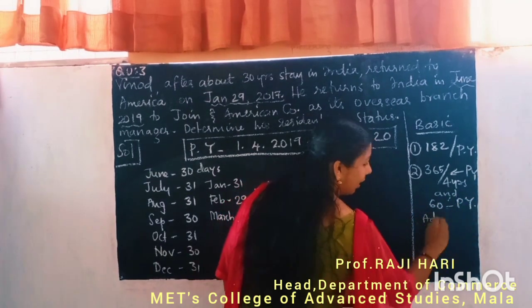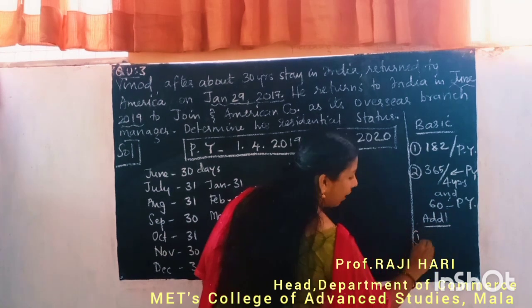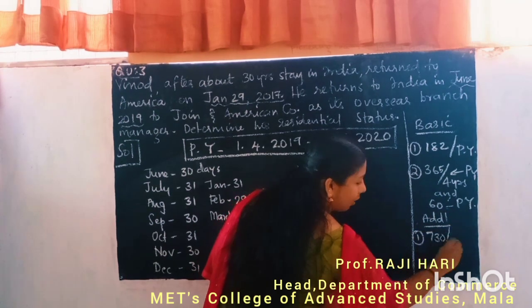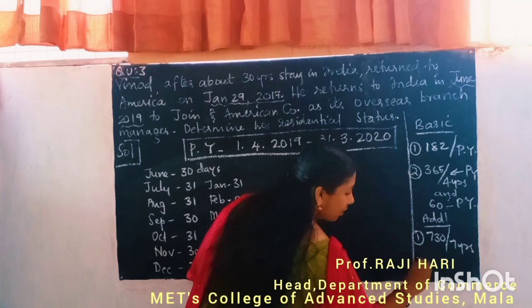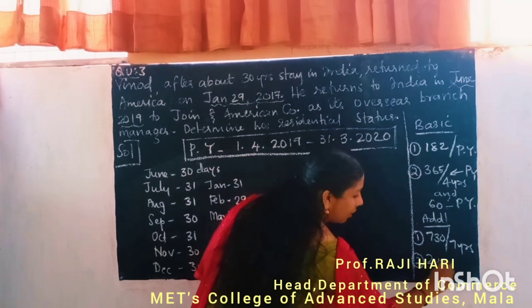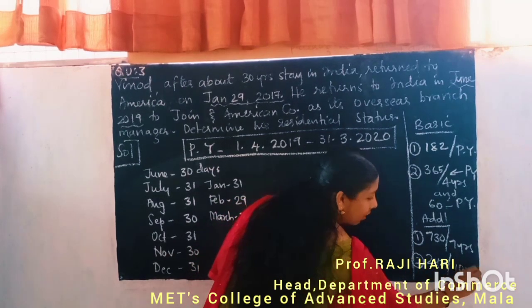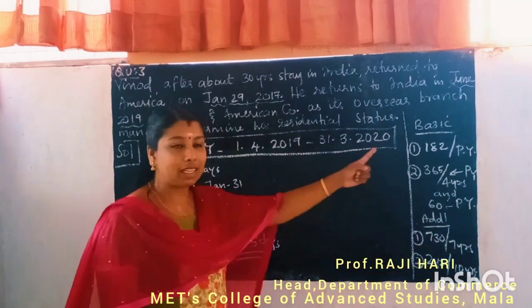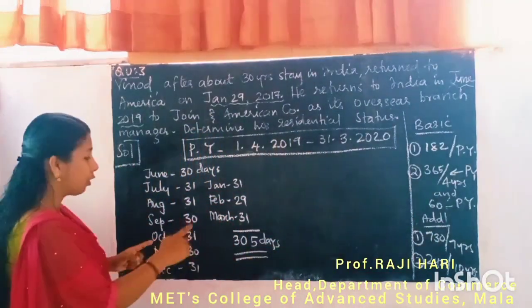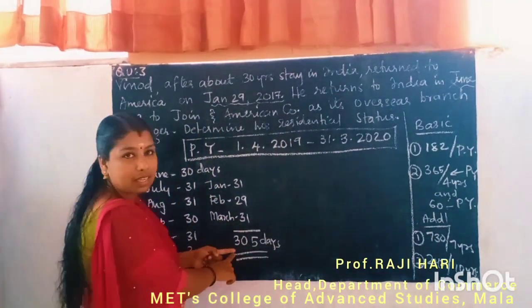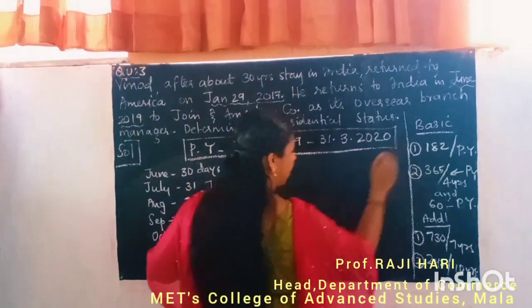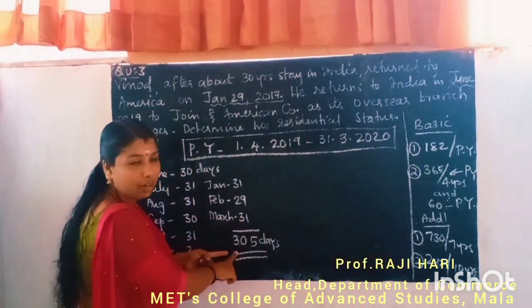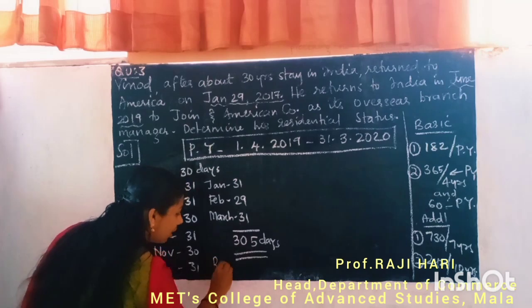Then additional conditions: 730 days out of 7 years. Second one, 2 years out of 10 years he was a resident. These are the basic and additional conditions. So he satisfies the first basic condition of at least 182 days. He was in India for 305. So he is resident.